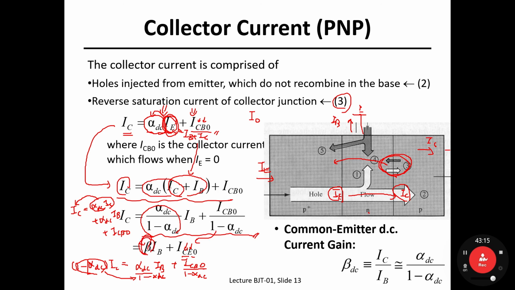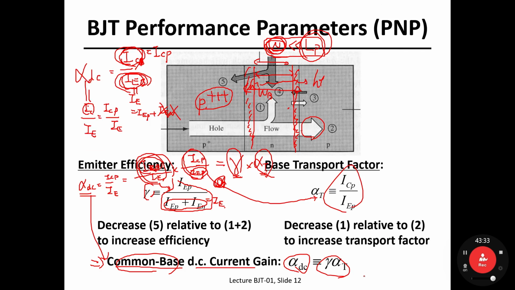What about this beta? Beta has been well described here. The common emitter DC current gain is defined as beta. When we defined the common base DC current gain, we went back to that common base: alpha DC.